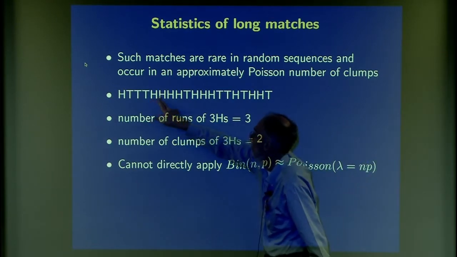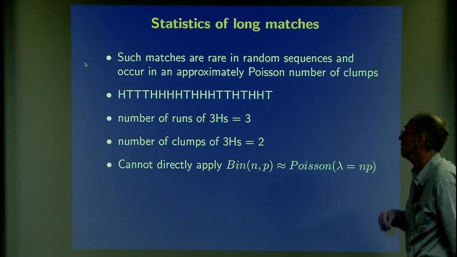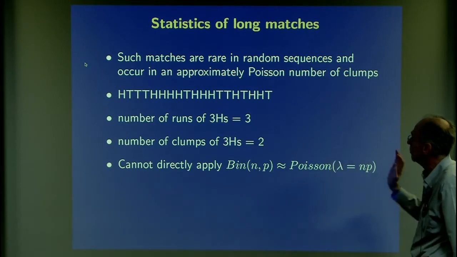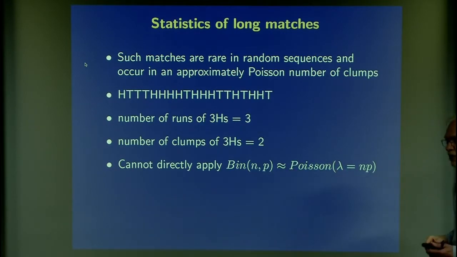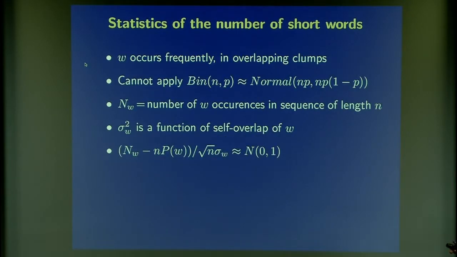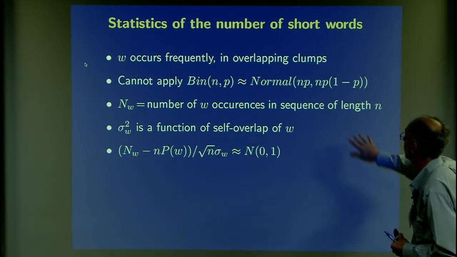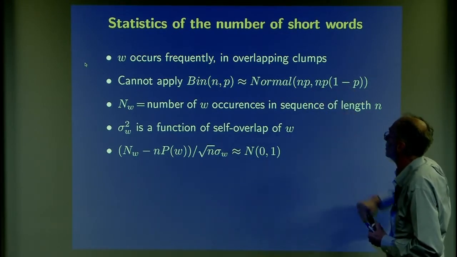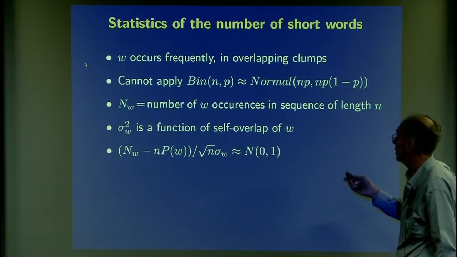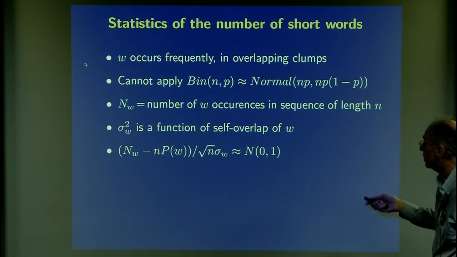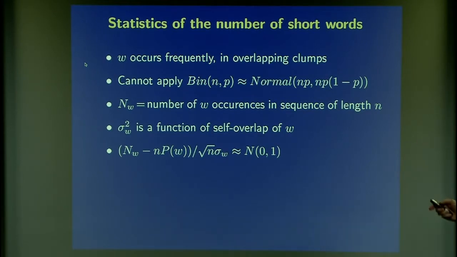So a tail followed by 3 heads. The tail is what declumps, and so you count the number of clusters of H's that are at least 3 long. So you can't directly apply this, and this has to do, of course, with the overlaps that I was talking about earlier. So you can't use the normal that you would get out of your first course, but there is a variance calculation that has to do with the self-overlap, and you get a central limit there. These are short ones.